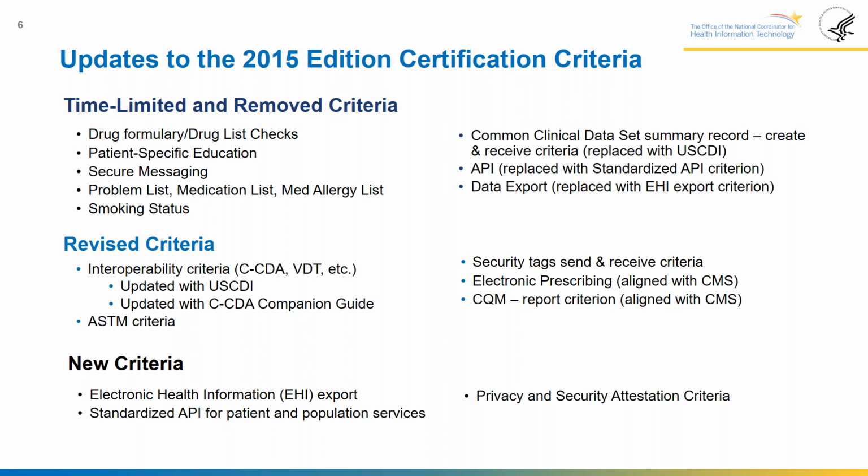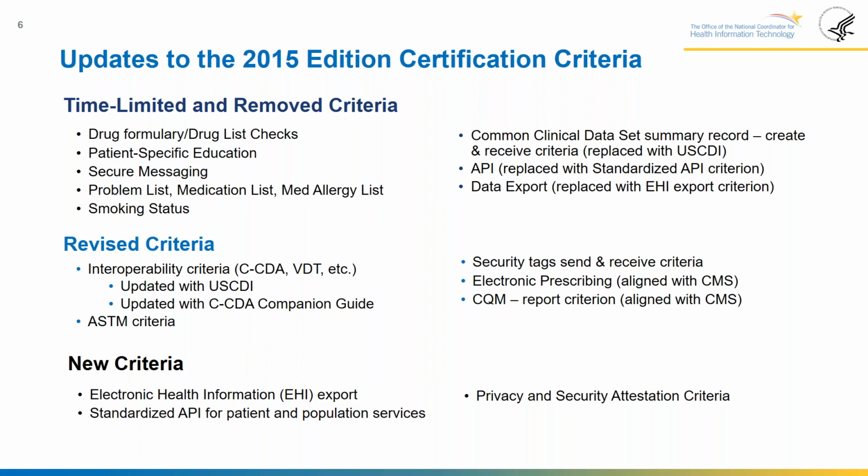Other criteria are being removed because they are being replaced with something else, like an update or an expansion to the standard or criteria, or a new version of the certification criteria itself that will replace the old.